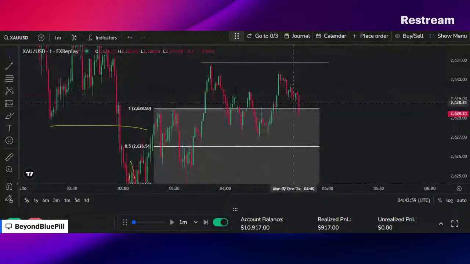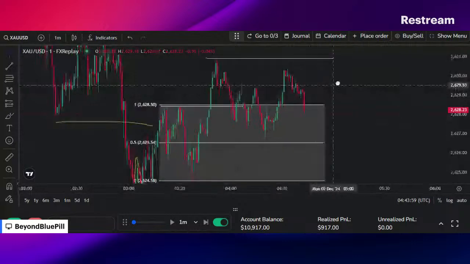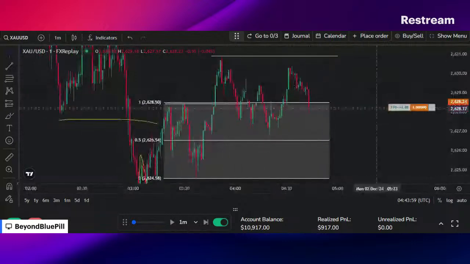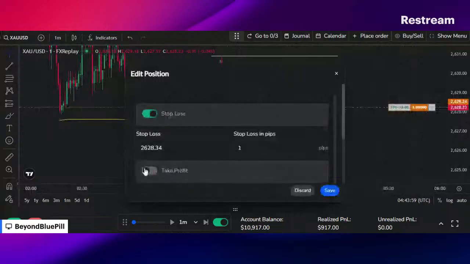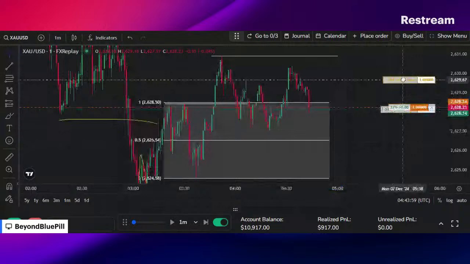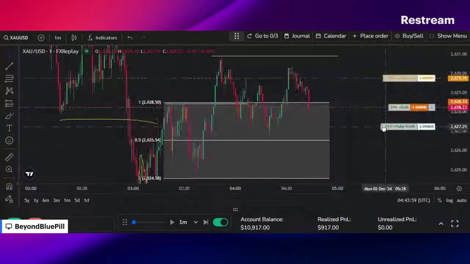All right, we're trading lower because our higher time frame is still. Yeah, I'm putting this right here.